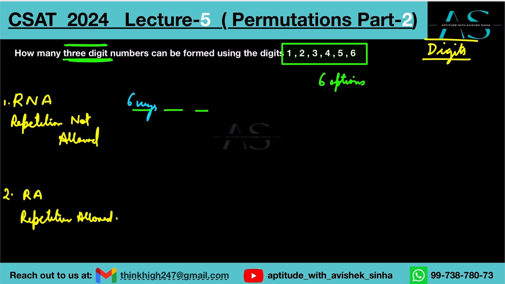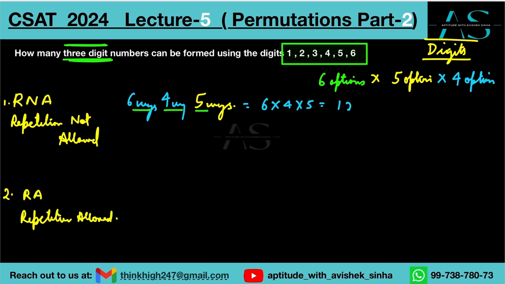Now you have used 1 out of the 6, so to fill the other chair you have only 5 options. You can fill the next one in 5 ways. Now you have got 4 options, so the last chair can be filled in 4 ways. The answer is 6 into 5 into 4, which is 120 numbers. Right?